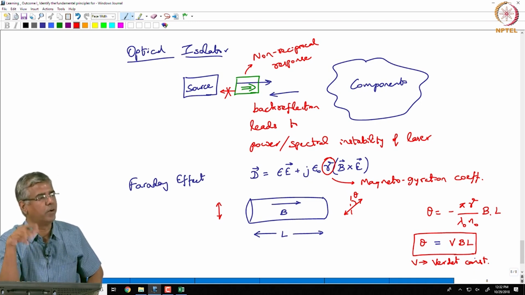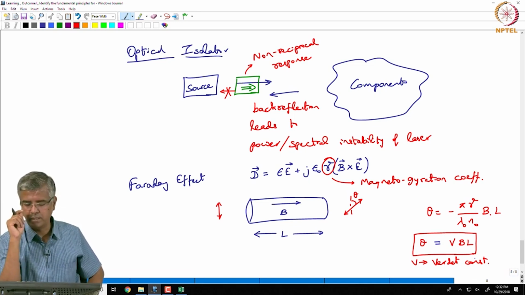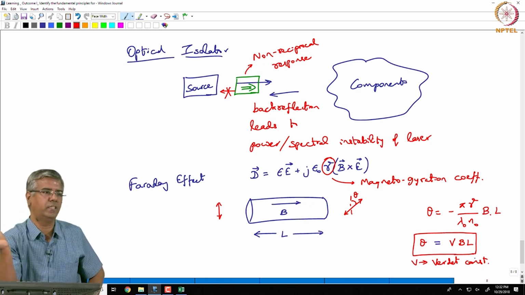So, by modulating B, you can achieve modulation of the polarization state. It's also dependent on the sign of B. If B is in the opposite direction, the rotation will be in the opposite direction.